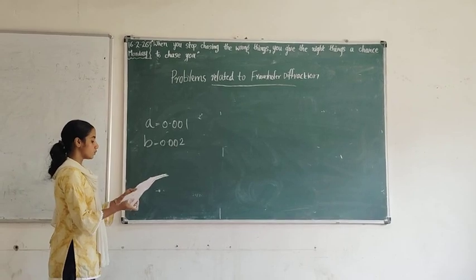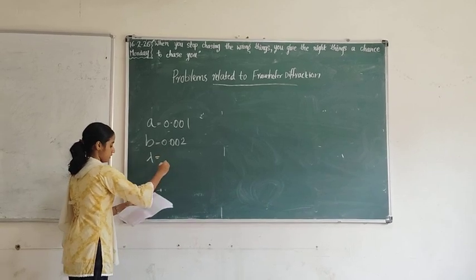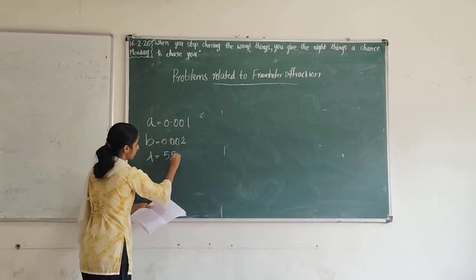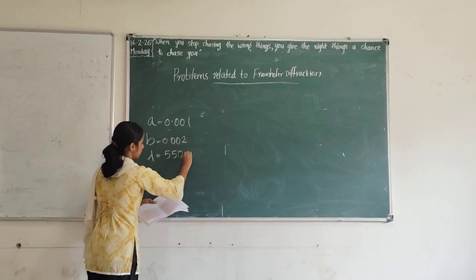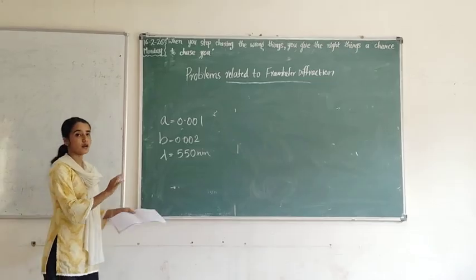How many orders would be visible at lambda equal to 550 nanometer? Here also we want to find the order.